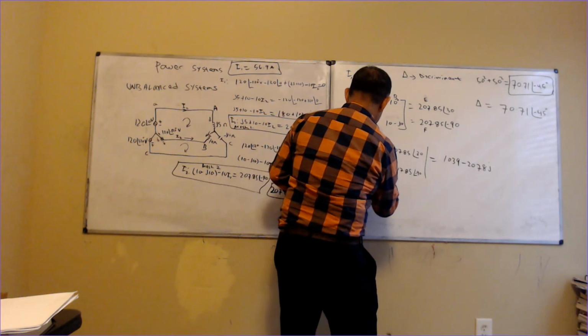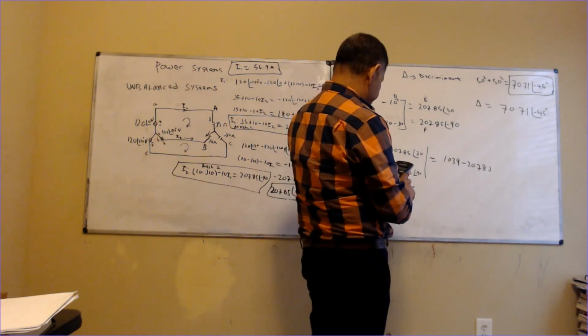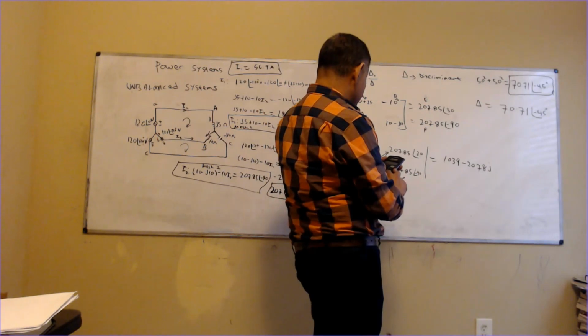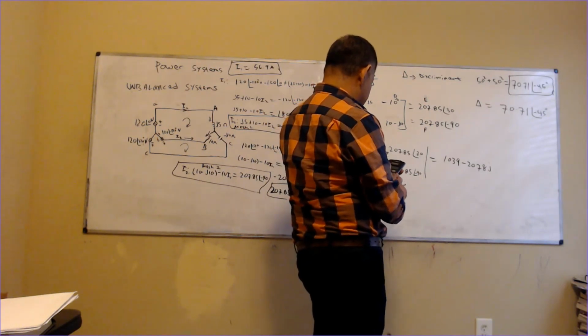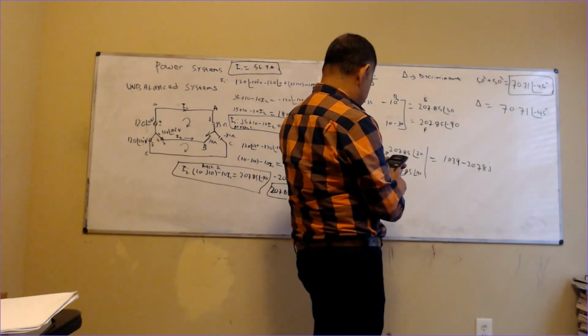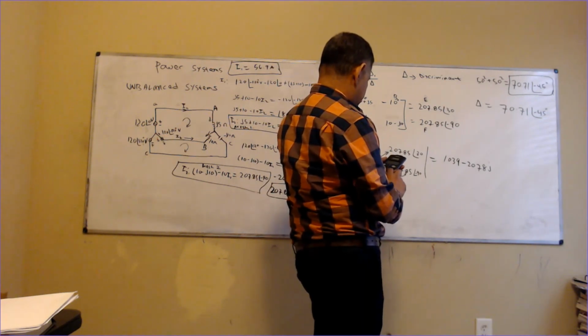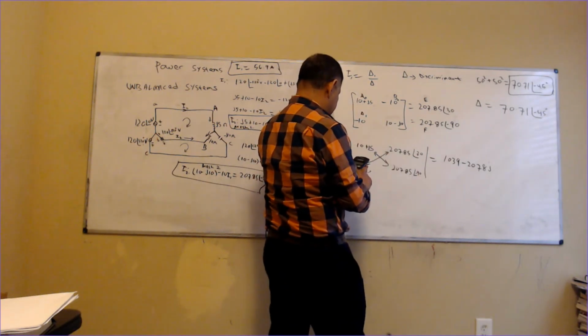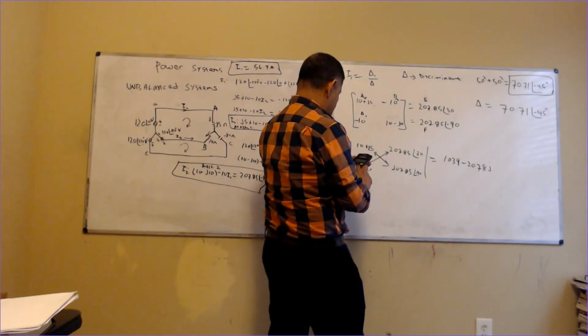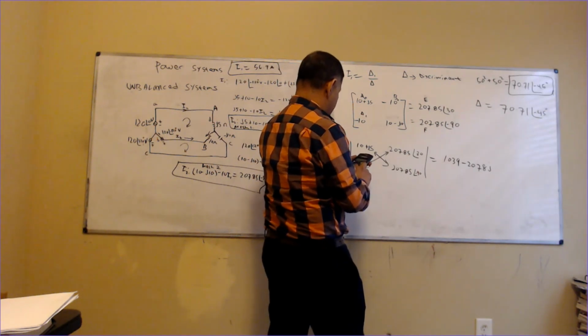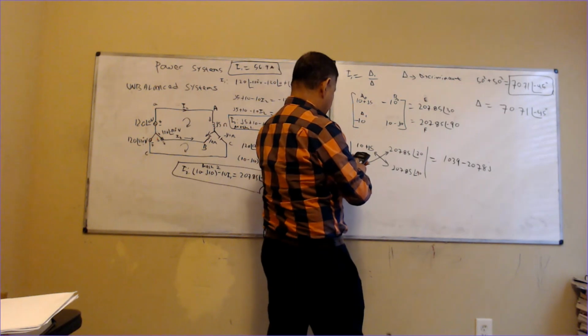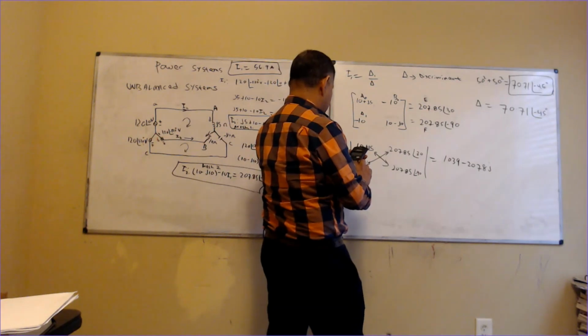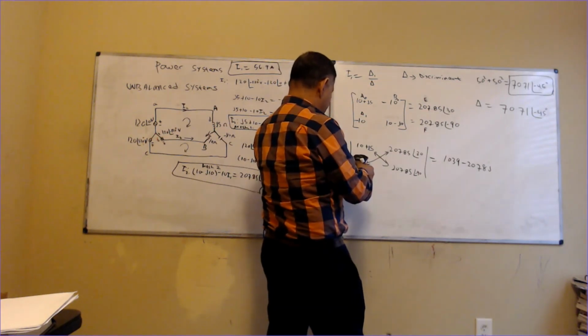Now I have to do this and this, right? So now I do that, and then I do minus negative 10. Negative 10, right? And I am doing this. So minus negative 10 times 207.85 at an angle of 30 degrees, right?